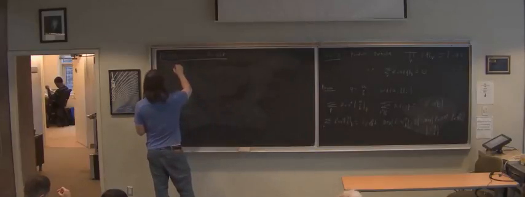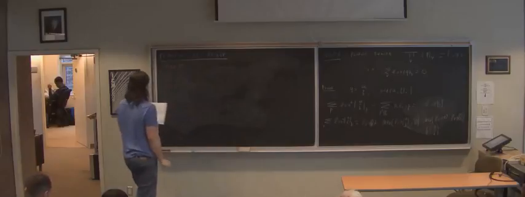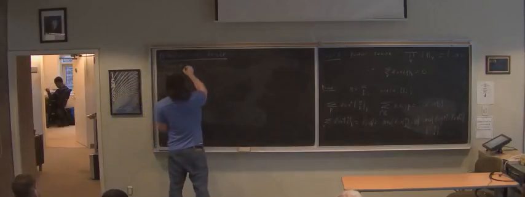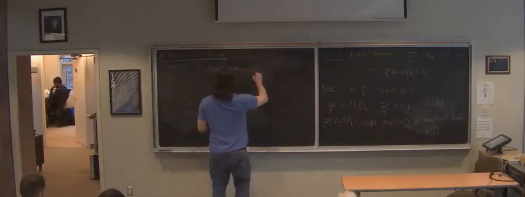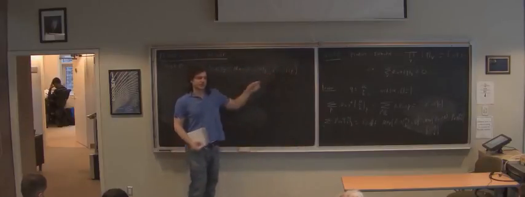First of all, if a and b are in Q, then you have log |a+b|_p is less than or equal to max of log |a|_p, log |b|_p, by the non-Archimedean triangle inequality for the absolute value.